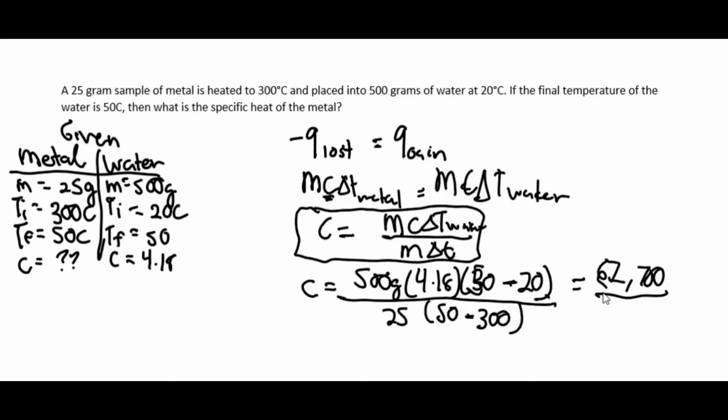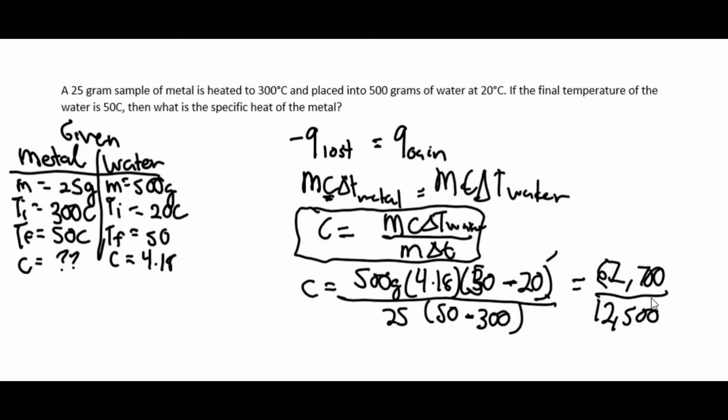Now, let's solve the denominator, or the mass of metal. 50 times 250, that's 12,500.